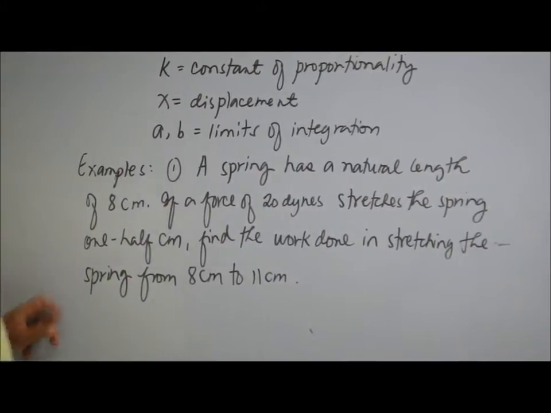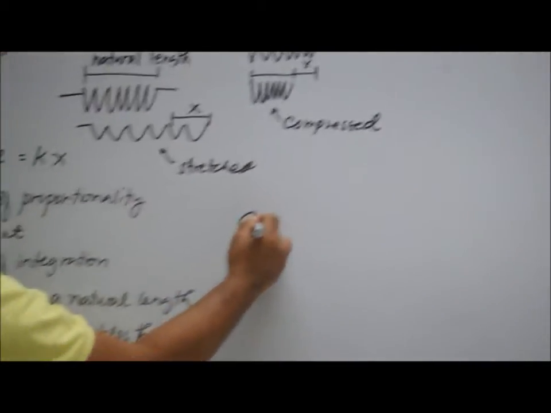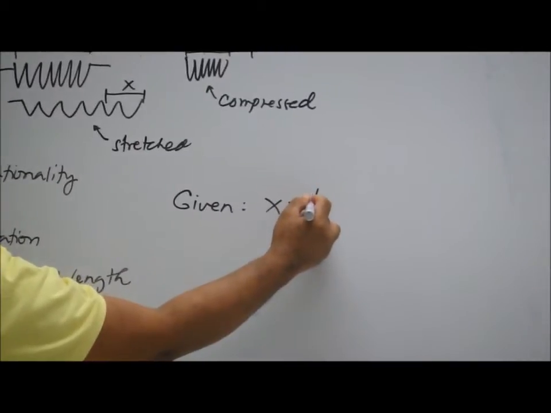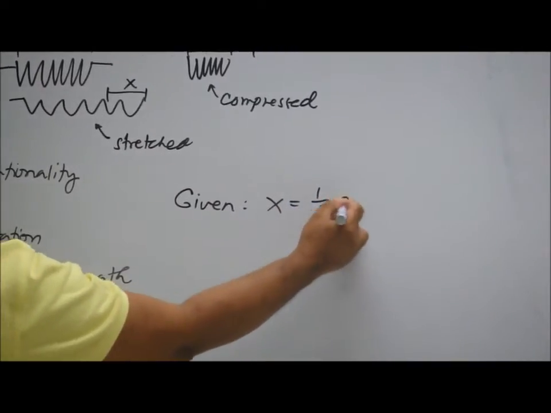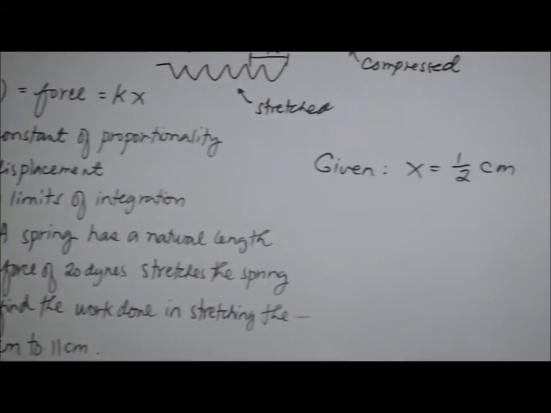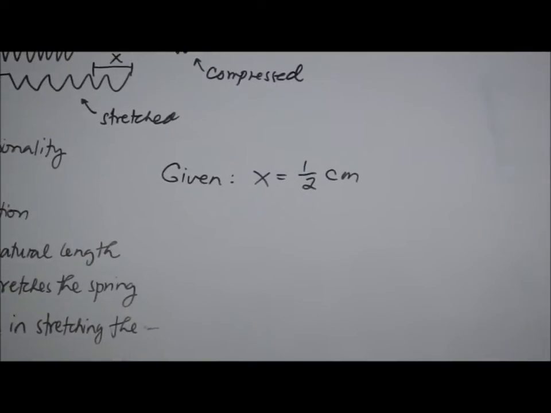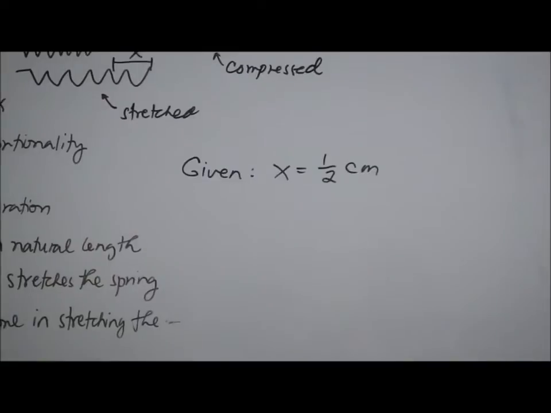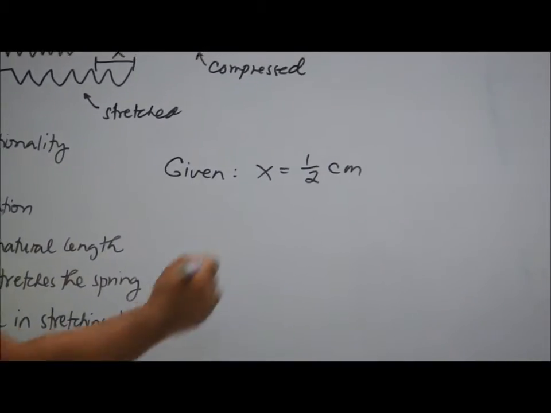So the 1/2 cm here is defined to be x, because that is the displacement. And this is the length where the spring is stretched. So we're going to find the work done in stretching the spring from 8 cm to 11 cm.